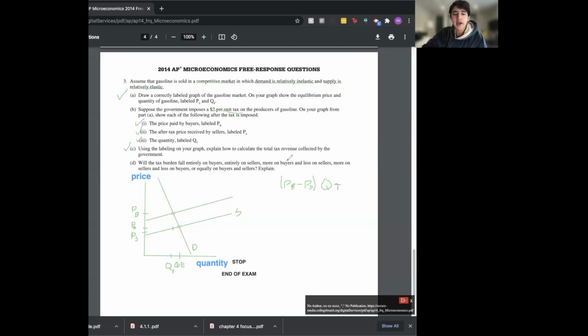So it is not entirely on the sellers or entirely on the buyers, although most of the burden would fall on the buyers because they will still have to buy after this price increase, and the suppliers will generate generally the same amount of wealth because they can sell it for the increased price and still gain the same amount of sales.